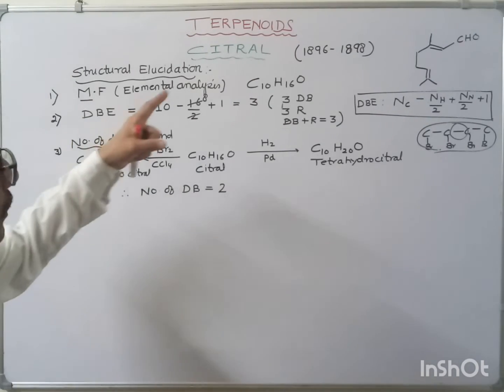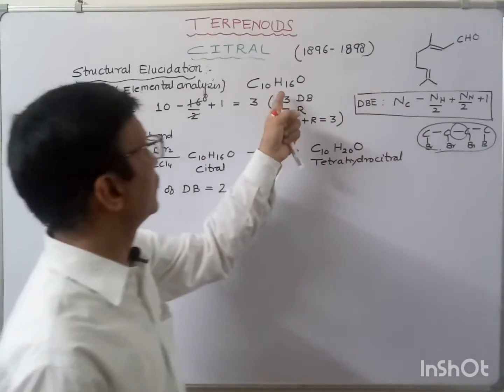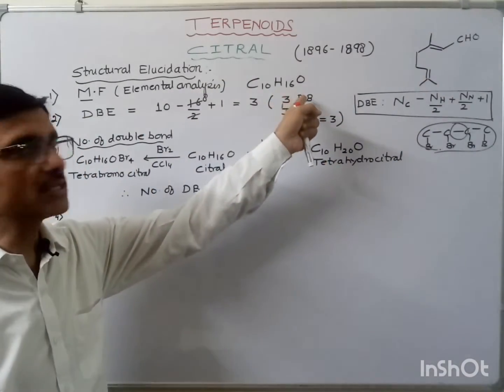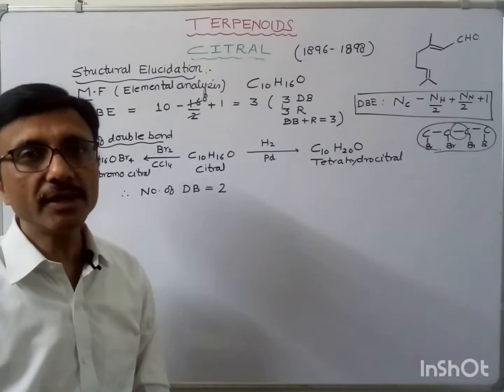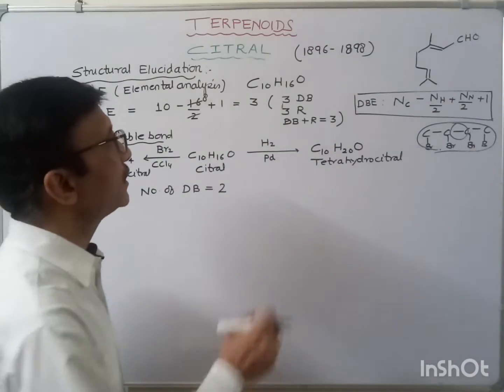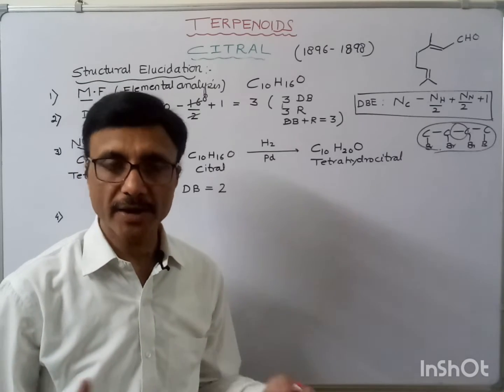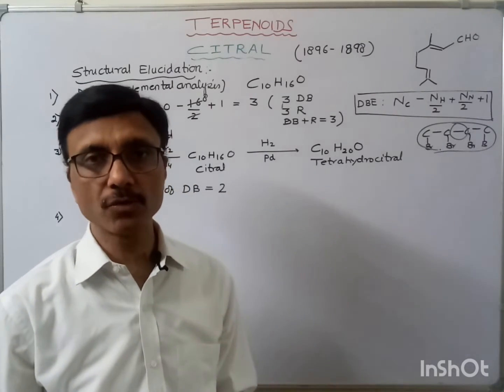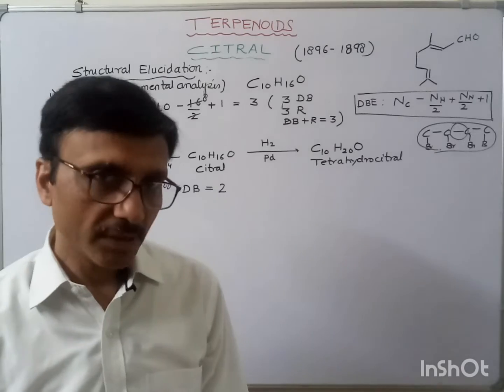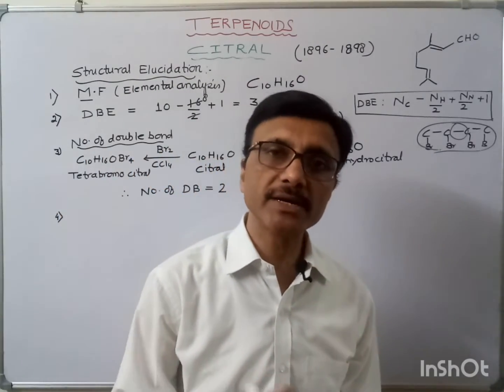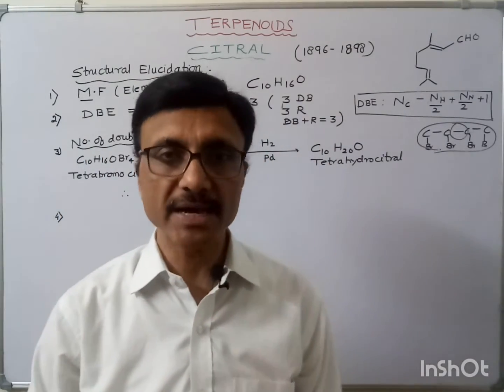Now next one. One oxygen is present in the molecular formula, so we can determine the nature of oxygen. The oxygen may be due to a hydroxyl group, it may be a phenolic group, it may be a carbonyl group, it may be aldehyde, it may be ketone, it may be acid.